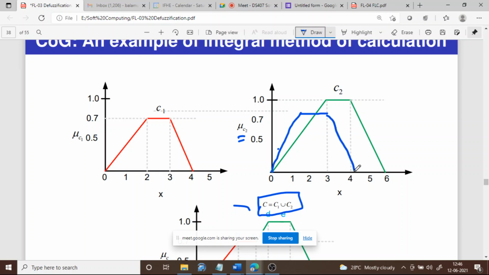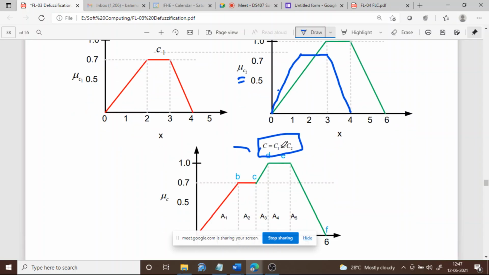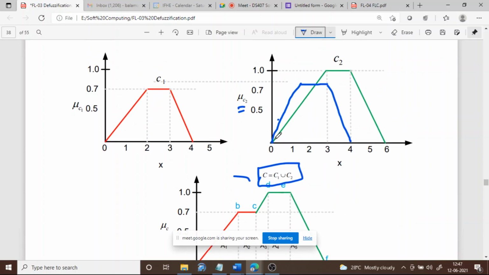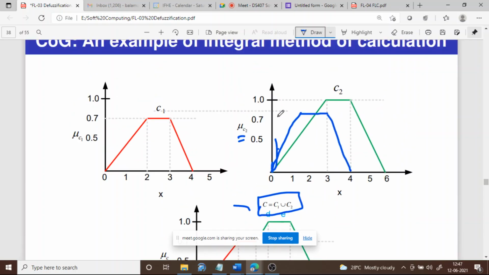I have not drawn it perfectly, but the shape is something like this. Now if you combine these two, that is union, you have to take the peak point. So if you perform union on this, the resultant graph will be like this.